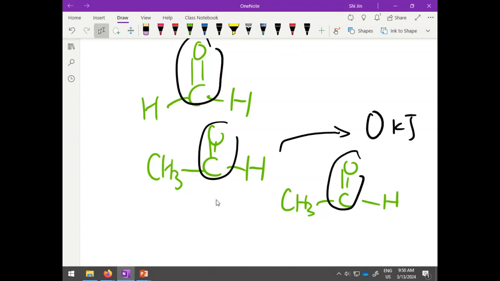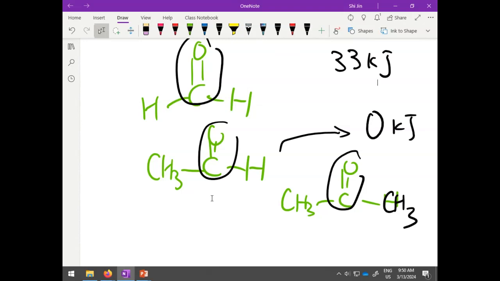With this one as reference, the aldehyde is probably 33 kilojoule per mole higher, because one alkyl group roughly generates 33 kilojoule per mole of stability in the carbonyl group.